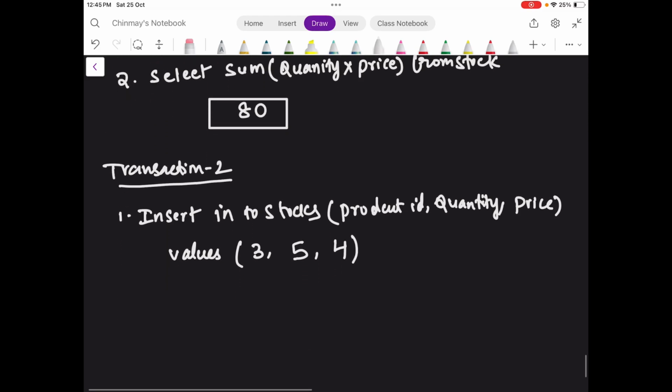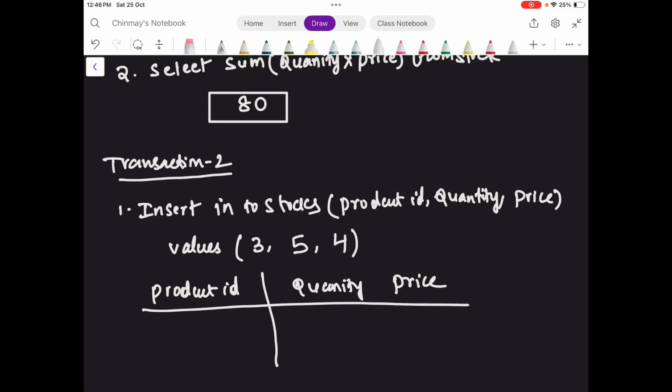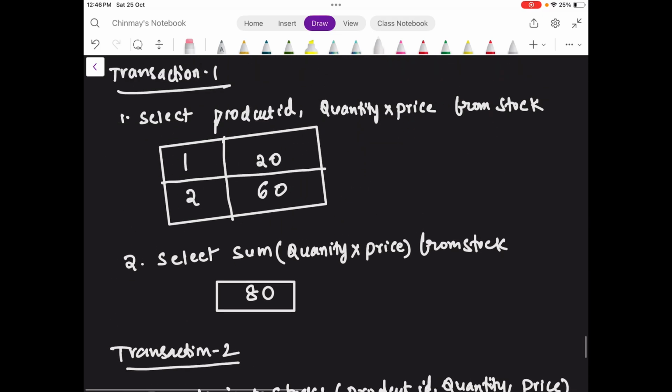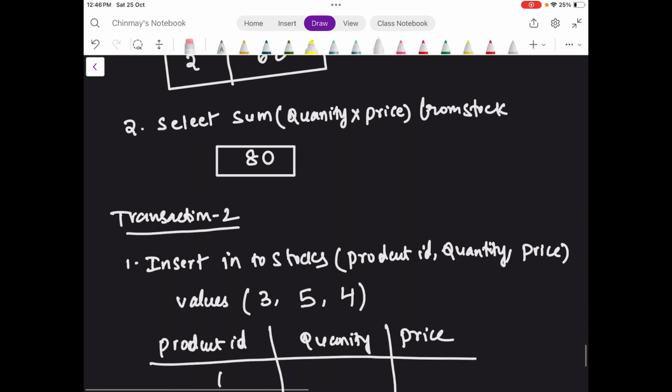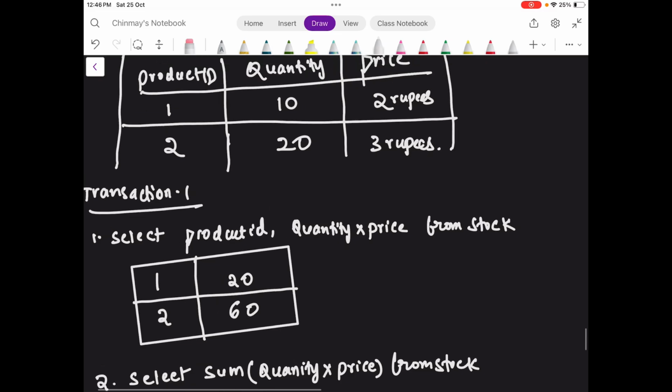Now the table becomes: product ID, quantity, price. Product ID 1, quantity 10, price 2 rupees.